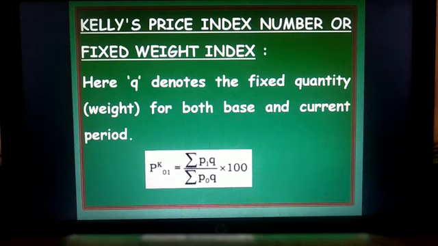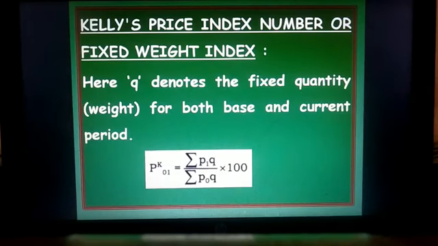First one is Laspeyres, and then next one is Paasche's. The third one is Marshall-Edgeworth. The fourth one is Dorbish-Bowley. The fifth one is Fisher's index number. And then the last one, the sixth, is Kelly's price index number.